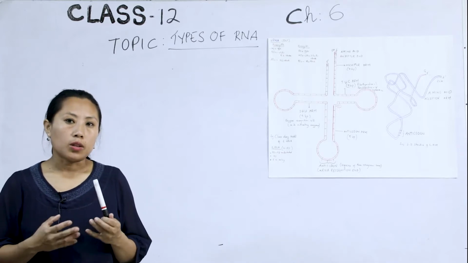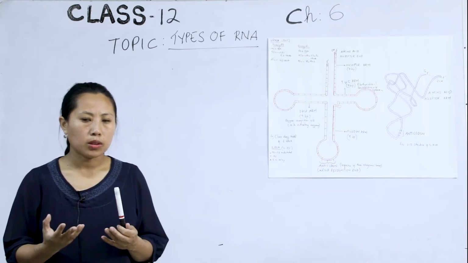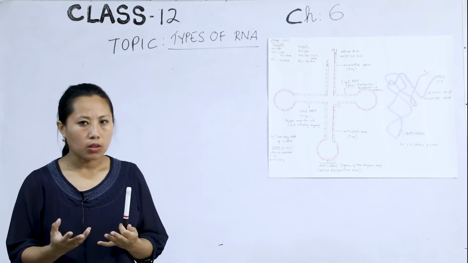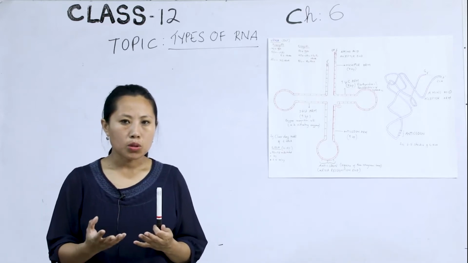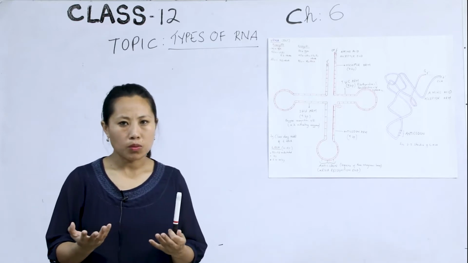Like DNA, it is also composed of nucleotides. It consists of phosphate and a sugar, and the sugar in RNA is ribose, while in DNA it is deoxyribose. It also consists of 4 types of bases.